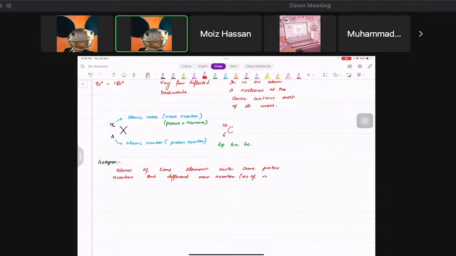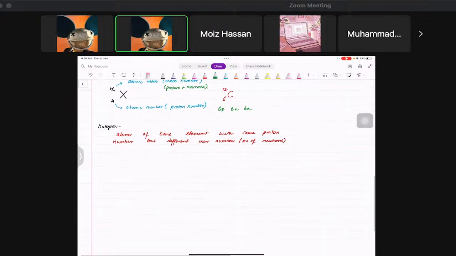It's up to you what you want to write. Like carbon has an isotope 12, another isotope is 14, there is also carbon 13, so these are isotopes. All of them have 6 protons, that's how we know this is carbon. But this one has 8 neutrons, this one has 6 neutrons, this one has 7 neutrons. So different neutron number. Understood?